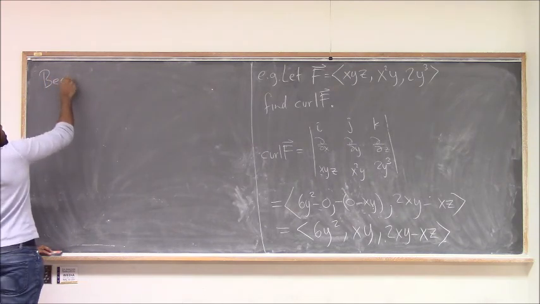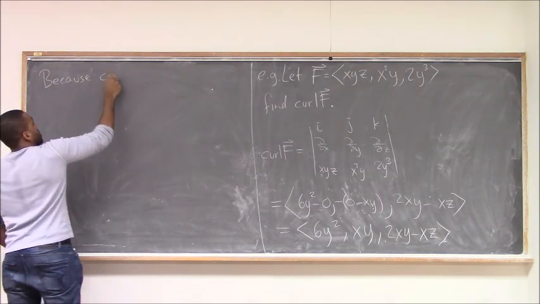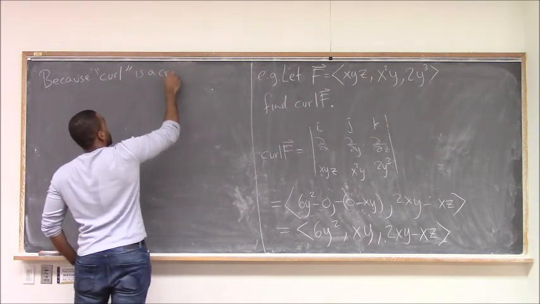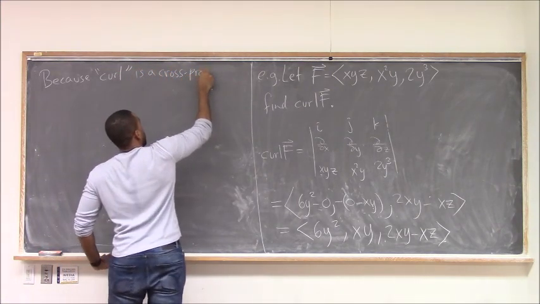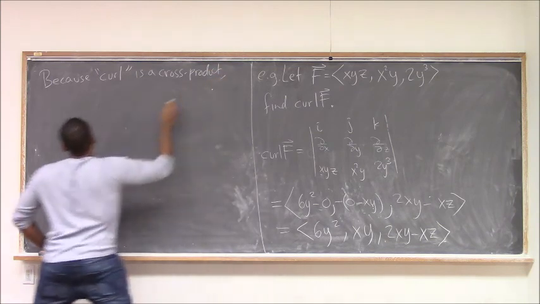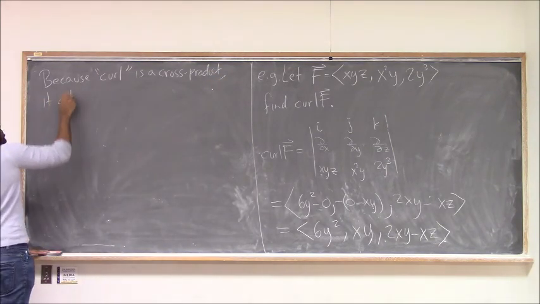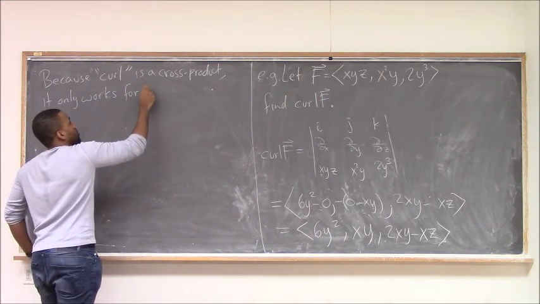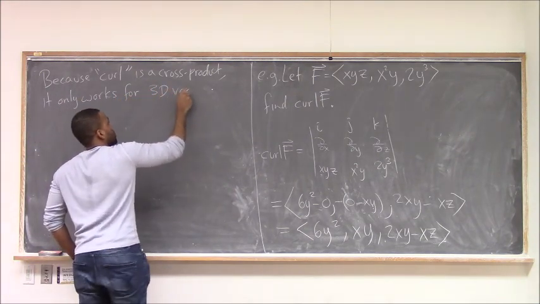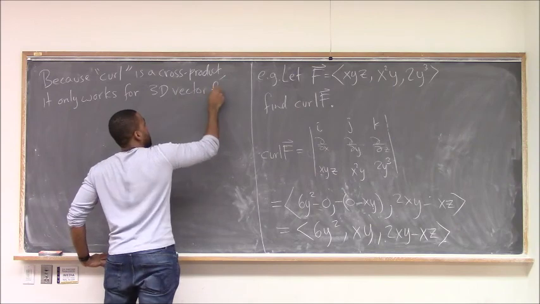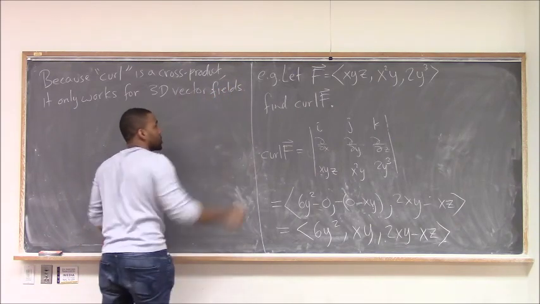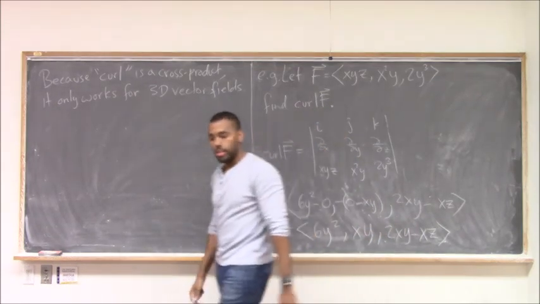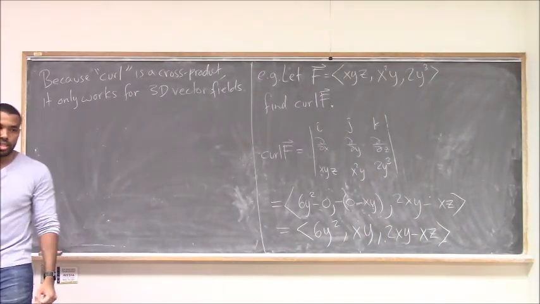Because curl is a cross product, it only works for 3D vector fields. So if my f was 2D, I cannot find the curl. The curl is not defined. If my f was 4D, it's not defined, etc.